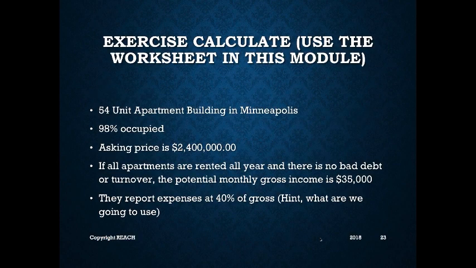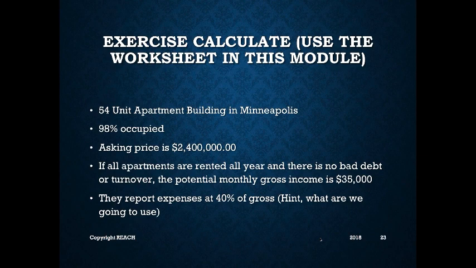So what we're going to do, I want everybody to get out a piece of paper and a pencil, and we're actually going to do a little example here. This is actually a sniff test that I'm using here. So we're going to very quickly do an initial assessment to see if this is something worth pursuing more. This is a 54-unit apartment building in Minneapolis, Minnesota. It's 98% occupied.